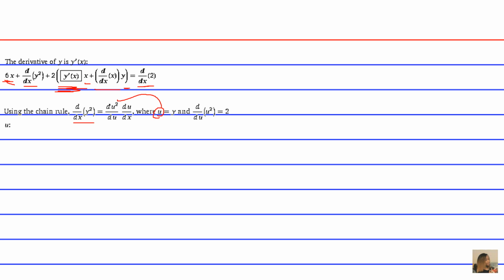And d/du of u squared is going to be equivalent to 2u. So now we have that 6x, this now became this, is equivalent to 2 times d/dx of y times y plus 2 times d/dx of x times y plus x times y prime x is equivalent to d/dx of 2.